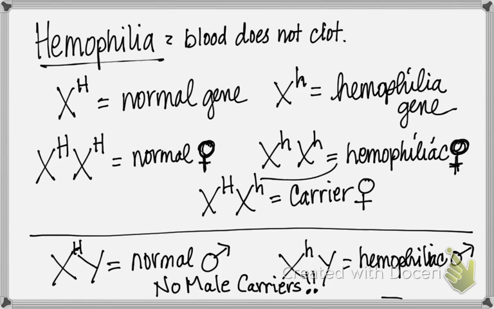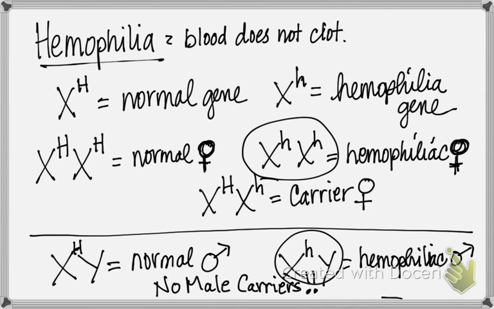You have to have 2. You have to have inherited one from your mom and one from your dad. How about if you're a man? You only have to get 1. Where would a male hemophiliac have gotten his hemophilia gene from? His mom or his dad?